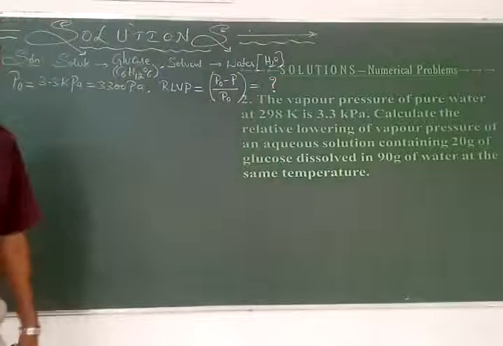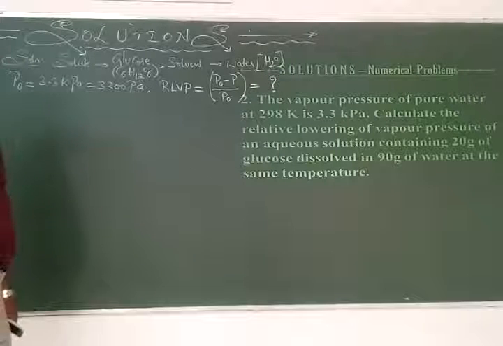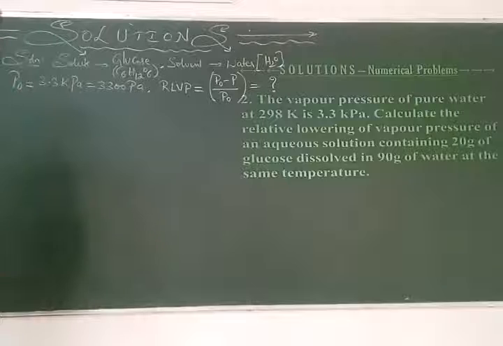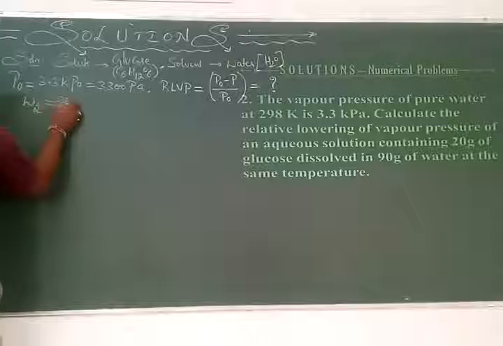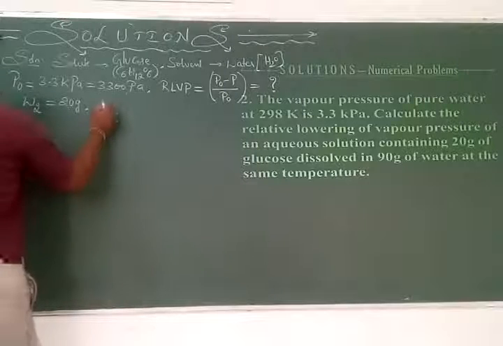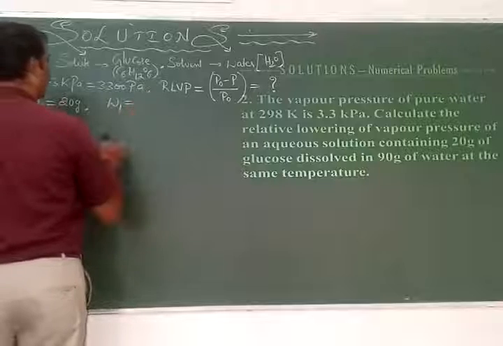It is called the relative lowering of vapor pressure when the aqueous solution contains 20 grams of glucose. Glucose is the solute, so W2 is 20 grams. It is dissolved in 90 grams of water, so the mass of solvent W1 is 90 grams.